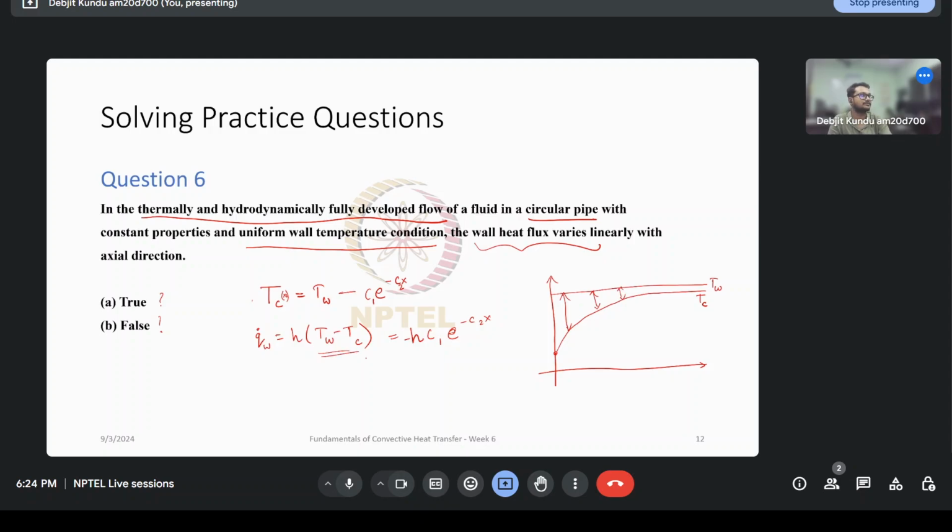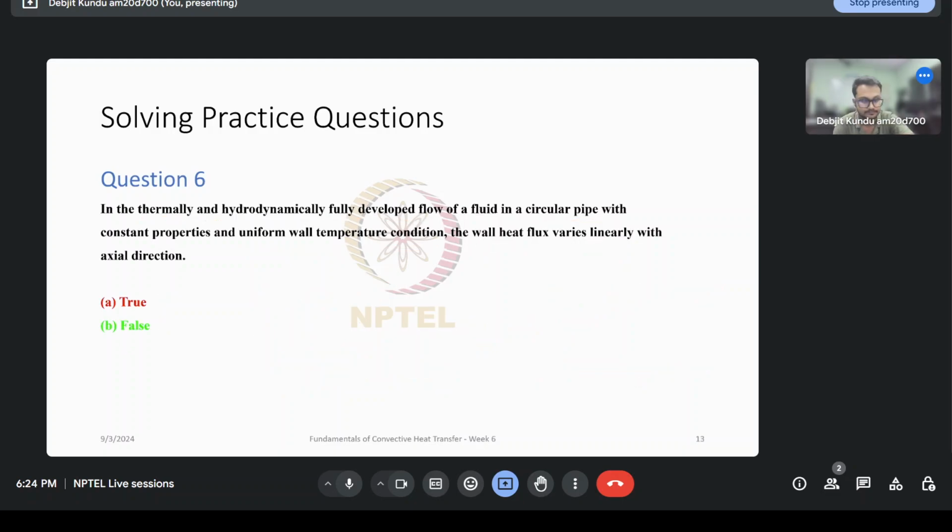And this temperature difference decreasing exponentially means that the wall heat flux also varies exponentially, not linearly. This mathematical form represents exponential decay. So this was x and this was temperature. So what can we say? We can say that this statement is false because it says that it varies linearly with the axial direction, which is not true. So it's false.